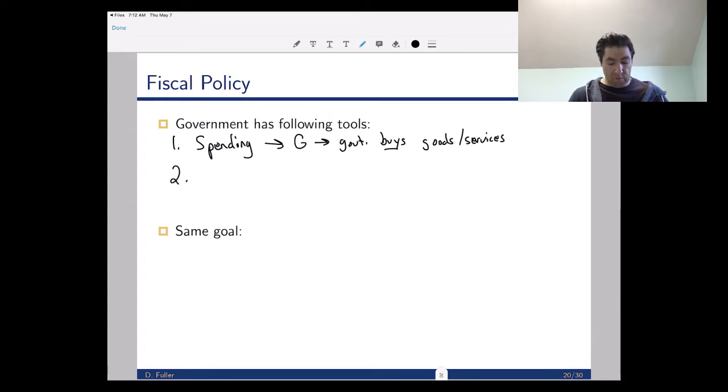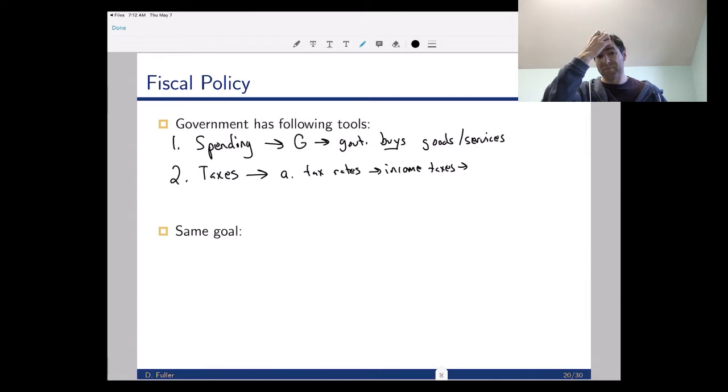And the other main tool, obviously, is taxes. There are several things that the government can play with respect to its taxes or tax policies. One is that it can change tax rates. You realize that you pay income taxes.